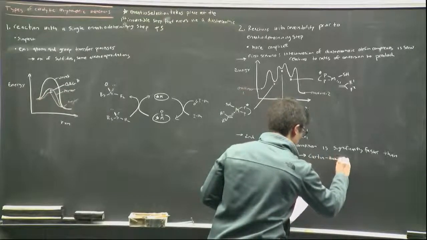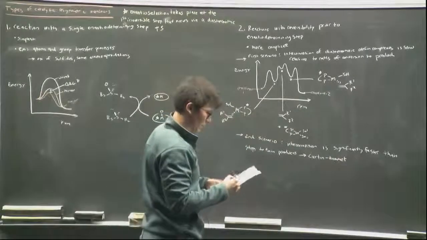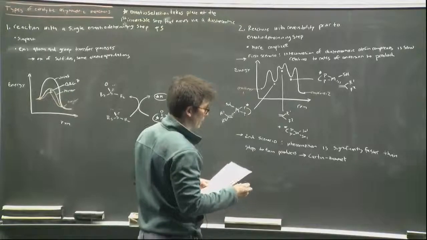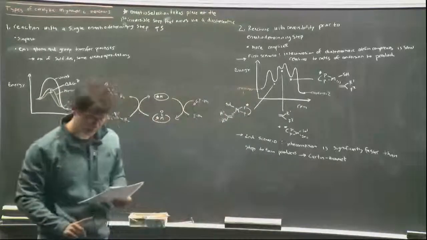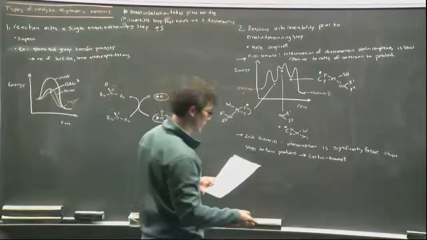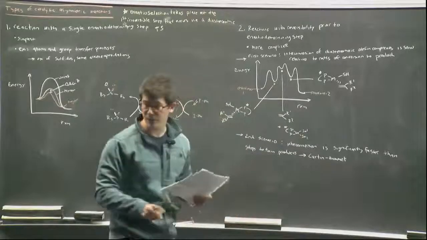So probably everyone's learned about the Curtin-Hammett principle, but essentially it states that in a system with rapidly converting intermediates, the product ratios are determined by the heights of the highest energy barriers that lead to the two products.